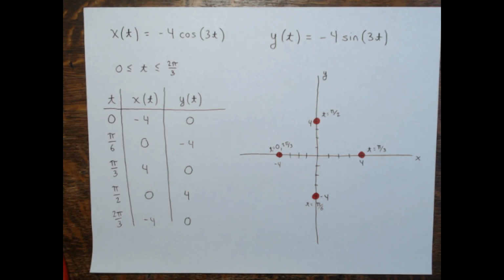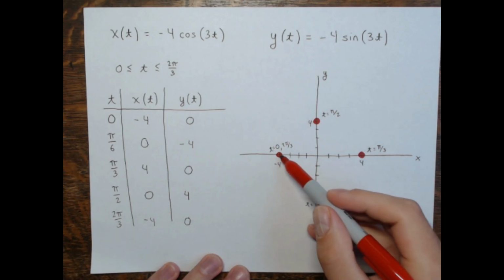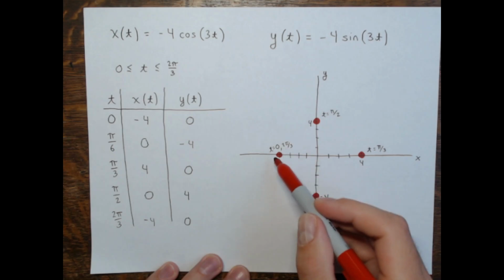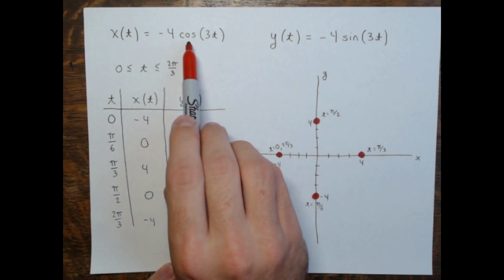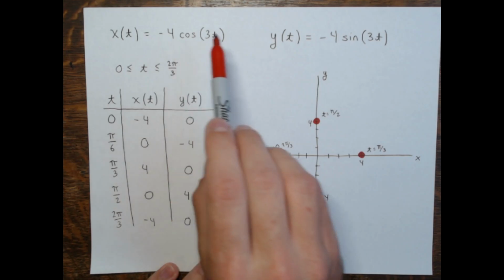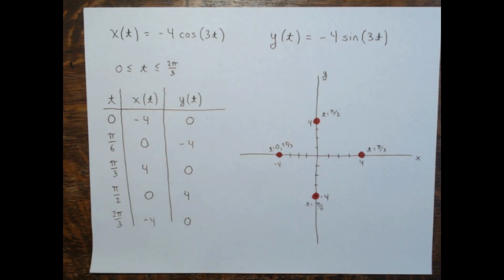Now, I know you're probably tempted to just make a little box out of this, connect these with straight lines. But let me refresh your memory, hopefully, that the cosine function, the sine function, the trigonometric functions were also referred to as the circular functions.